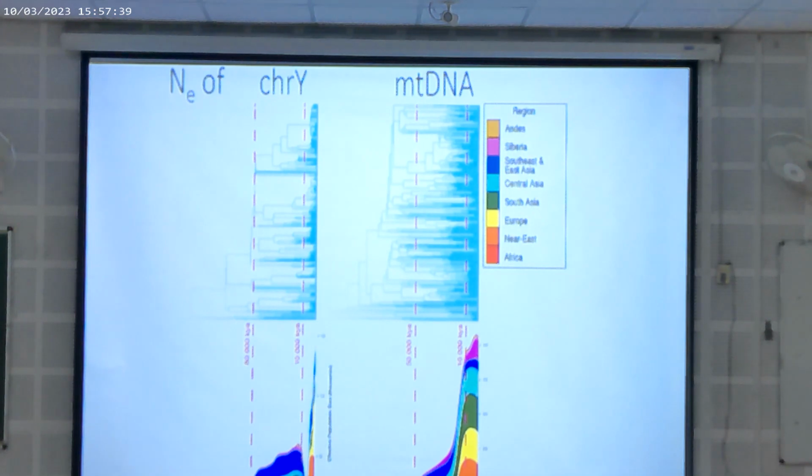Then when we looked at it a bit more closely, it could be seen that the actual onset of the bottleneck in those different regions was not exactly at the same time, but started at a slightly different time in different places, within this interval of 8 to 4,000 years ago.